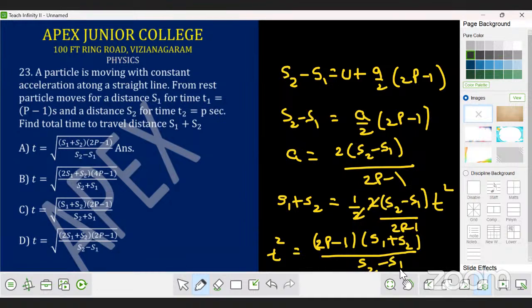Where is that answer? See the first option. First option is correct. That means S1 is the distance traveled in p minus 1 seconds, S2 is the distance traveled in p seconds. Then only in the pth second, how much distance does it travel? S2 minus S1 only, na? In that way, first I calculated acceleration. Then you can calculate the time to travel S1 plus S2 distance also.